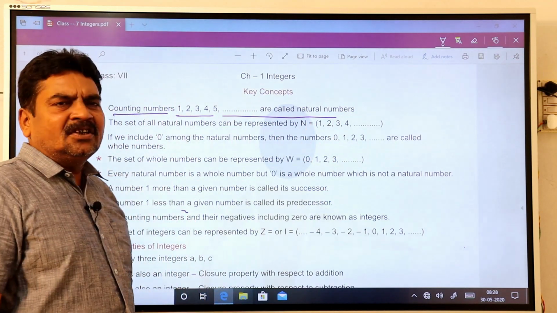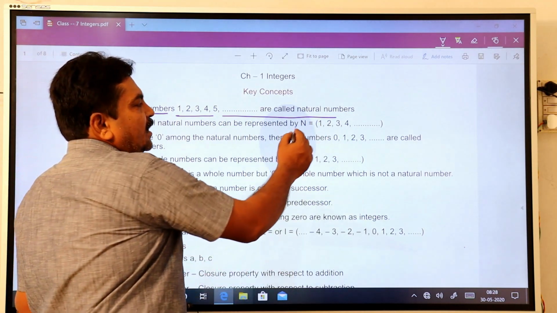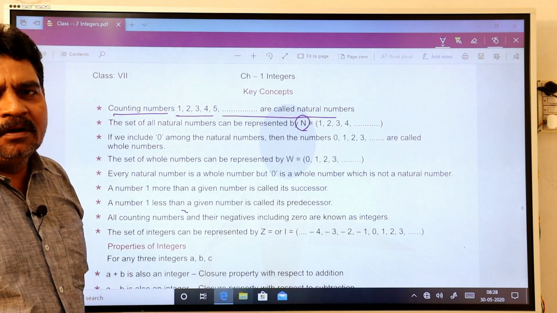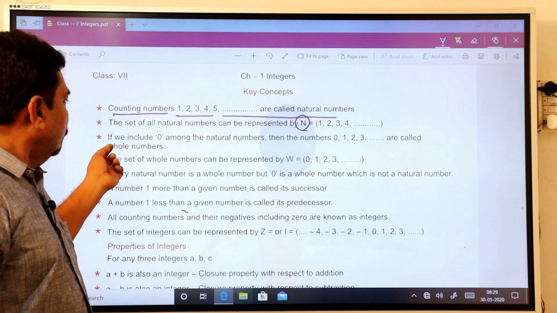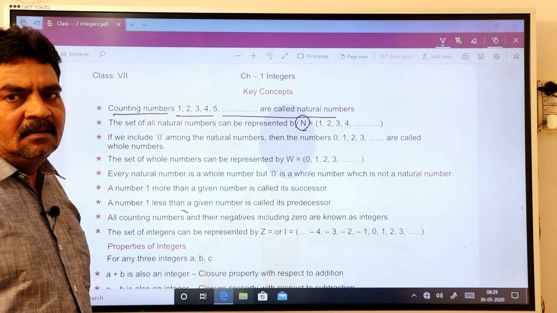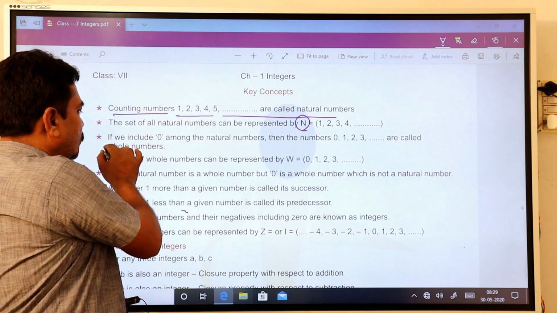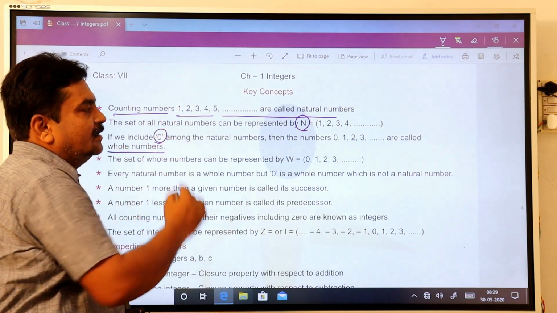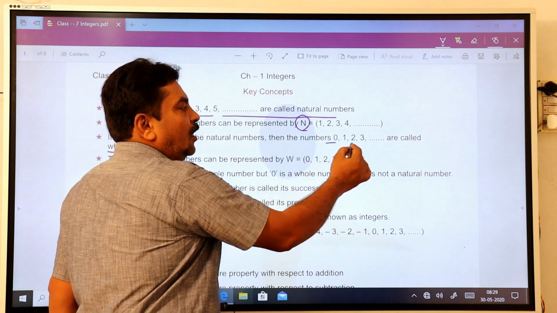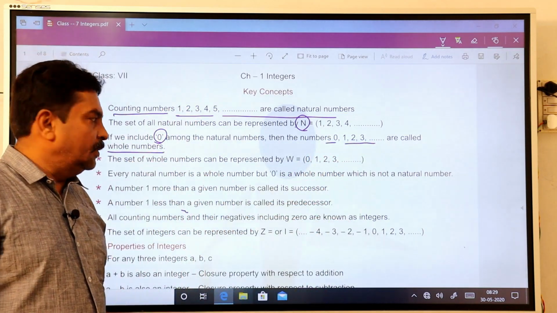Natural numbers are denoted by the capital letter N. If we include 0 in the natural numbers, then it becomes whole numbers. So from 0, 1, 2, 3 onwards are called whole numbers.